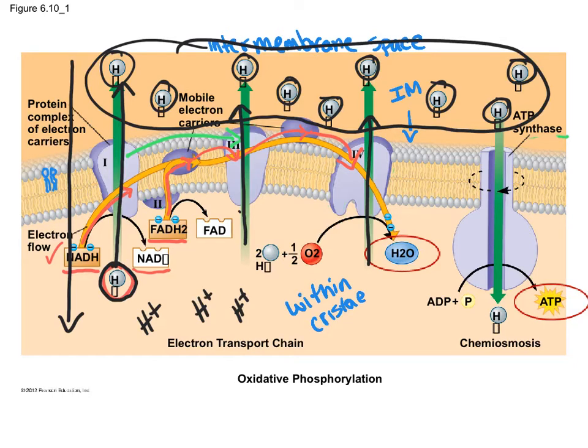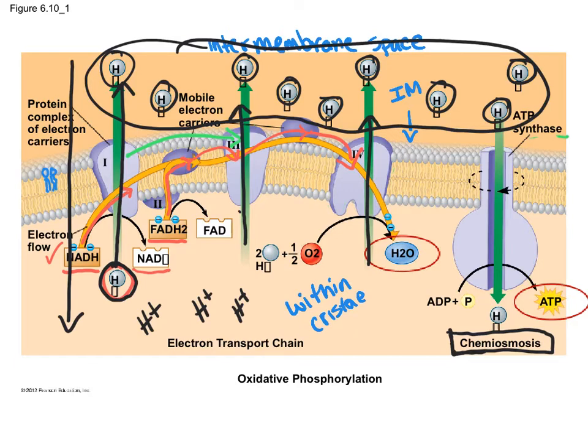The importance of this is when we have this gradient set up is that the second process or the second substage in oxidative phosphorylation is chemiosmosis. We've just set up this concentration gradient for chemiosmosis to occur.